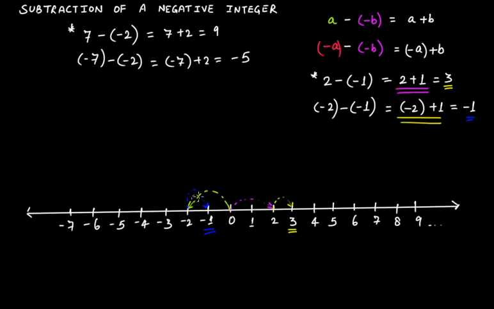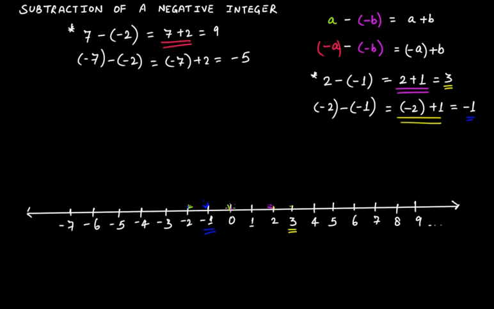Okay, let's remove all this so that we can create some space for our next example. So this is 7 minus minus 2. It's nothing else but 7 plus 2. 7 plus 2 means that if you are at 0 initial position, you will take 7 steps towards the right. So 1, 2, 3, 4, 5, 6 and 7, you land at 7.